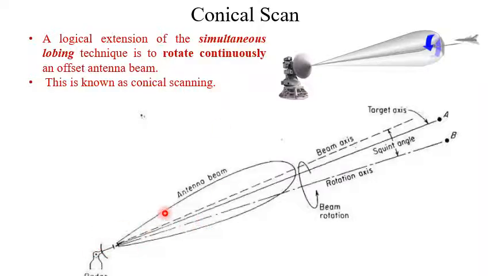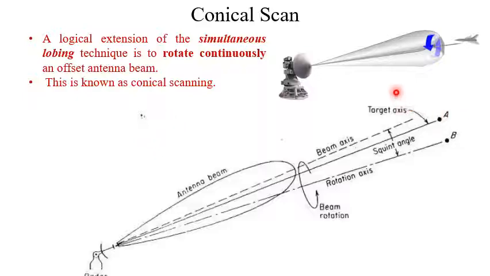So if this is the antenna beam, this dotted line is the beam axis, and we will select another axis of rotation. This is the rotation axis, and about this rotation axis, the beam axis will rotate in this way. So the antenna beam will produce this type of circle.